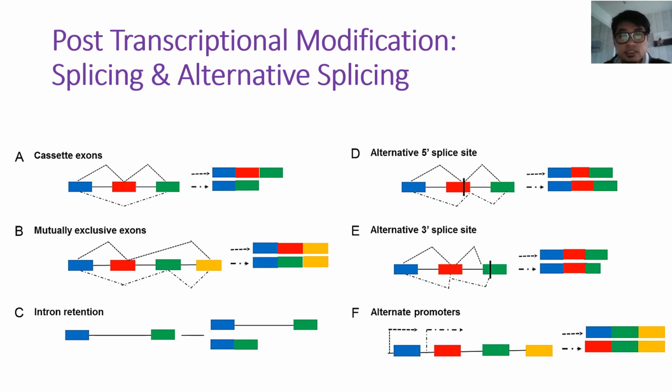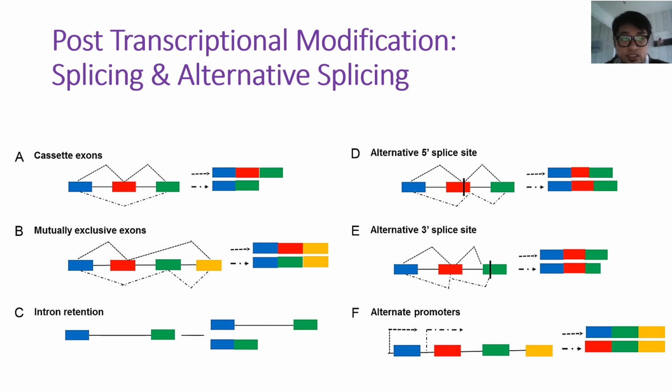All right, so these are the types of alternative splicing. The first one is cassette exon, meaning that the first exon can bind to the other two exons, and it can also bind to only two exons, so it will produce different types of protein.